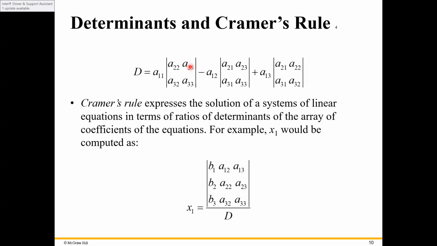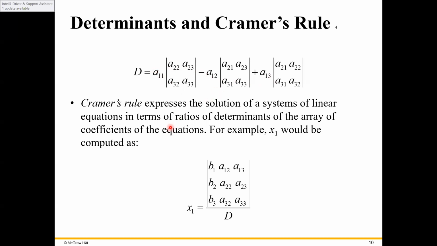In this case, A11 will be multiplied by this minor, A12 will be multiplied by the other minor, and A13 will be multiplied by its minor. You can see that there is a negative sign in between, so the sign will change alternately: plus, minus, and plus. In this way, you can find the determinant.